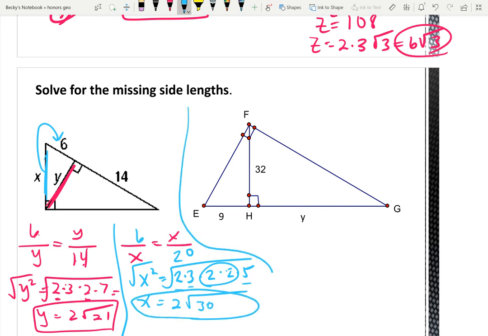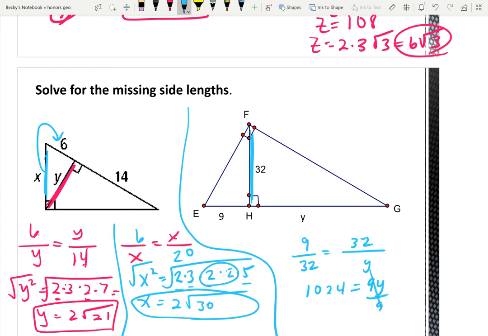Now, this next one's a little weird. When it's in the middle, it's a part, but usually it's an unknown, right? And the geometric mean always goes in opposite corners, but now my geometric mean is 32. So it goes in opposite corners, and the parts are 9 and y. All right, so 32 times 32, I believe, is 1024.